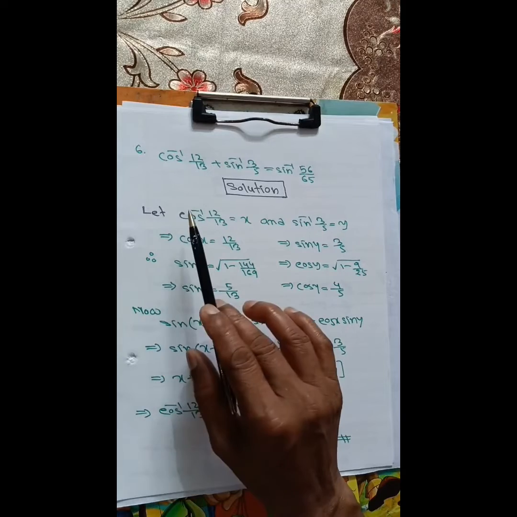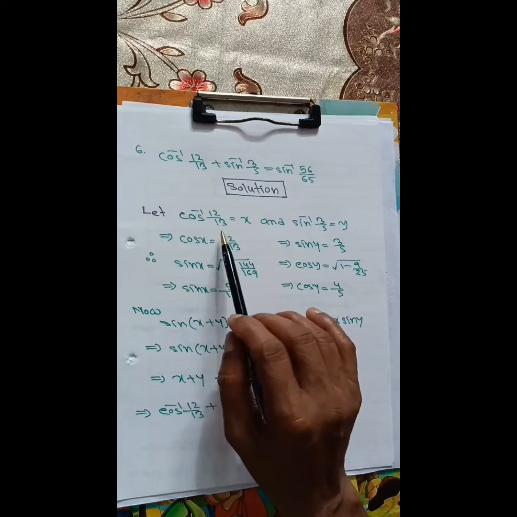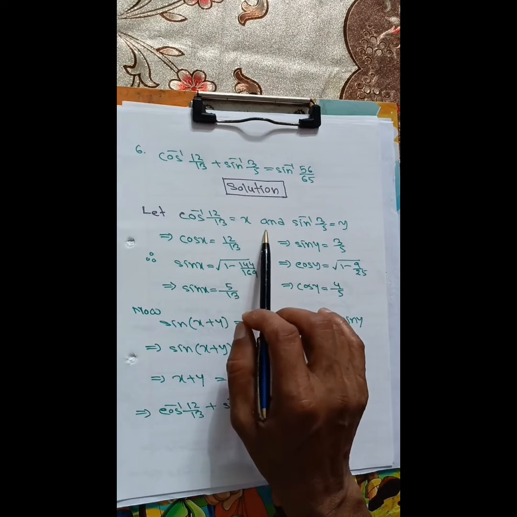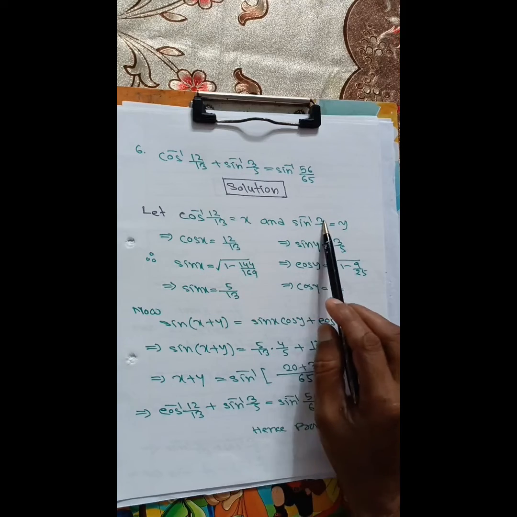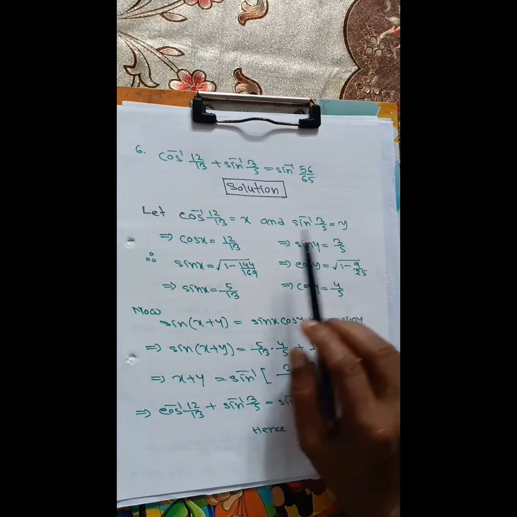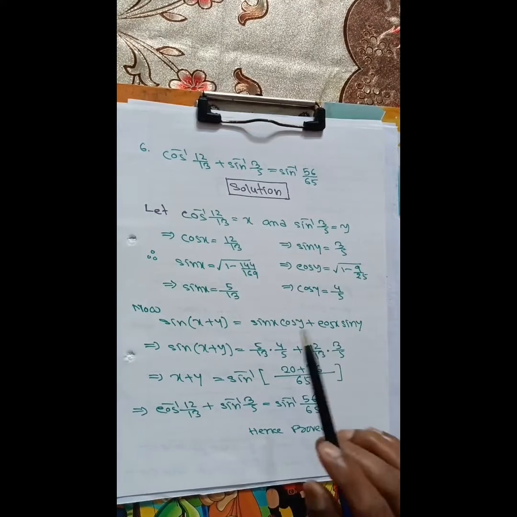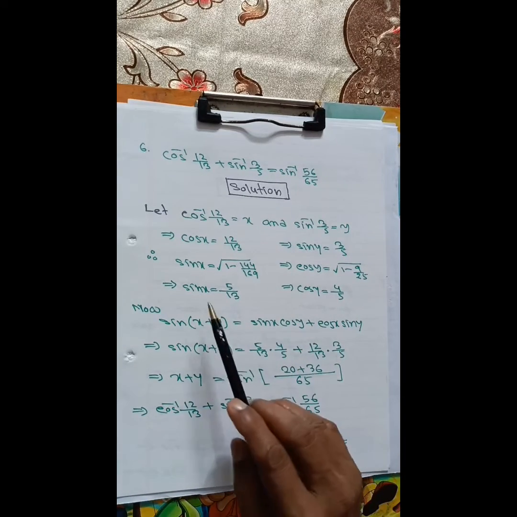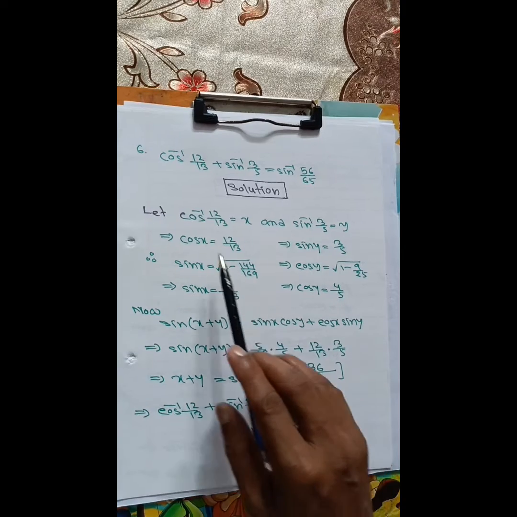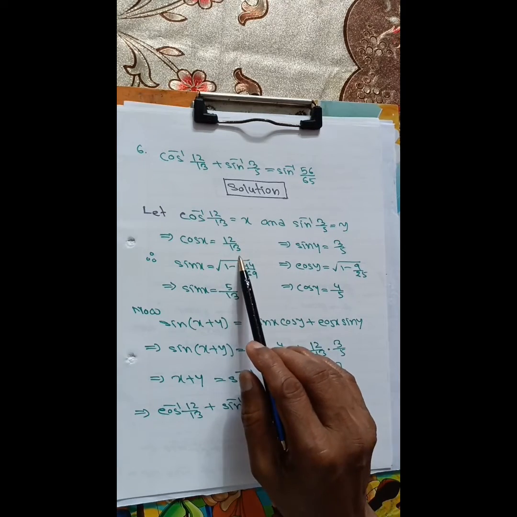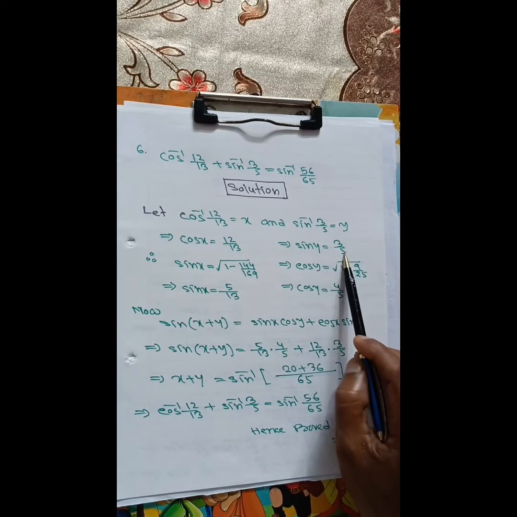We take cos inverse 12/13 equal to x and sin inverse 3/5 equal to y. After simple transformations, we get cos x is equal to 12/13, sin y is equal to 3/5.